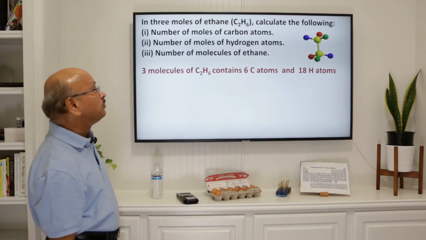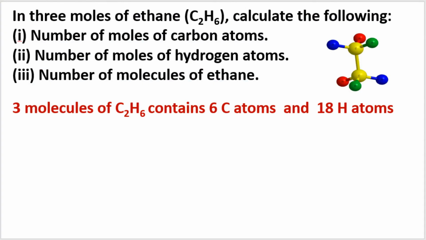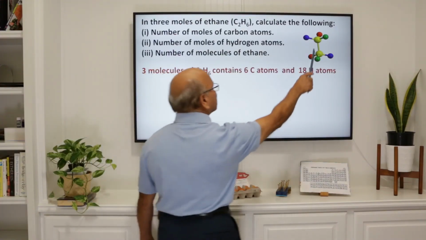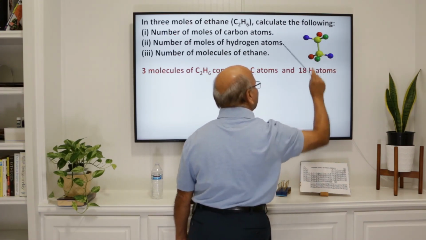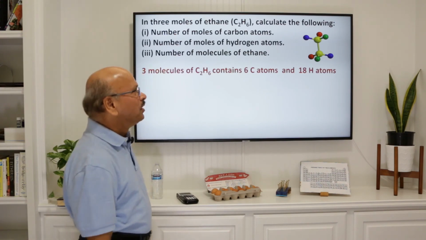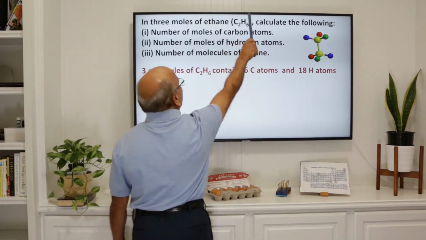Okay, another question. In 3 moles of ethane, C2H6, I have given a model of that here. See, the 2 central atoms are carbon, and the blue, red and green colored atoms are hydrogen atoms. So 3 plus 3, 6 atoms of hydrogen. So that is the molecule here.